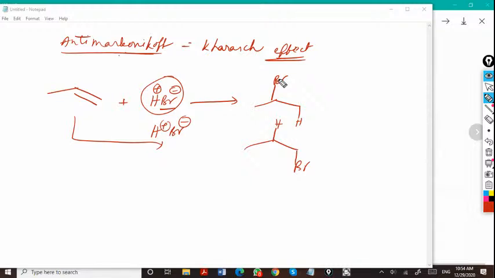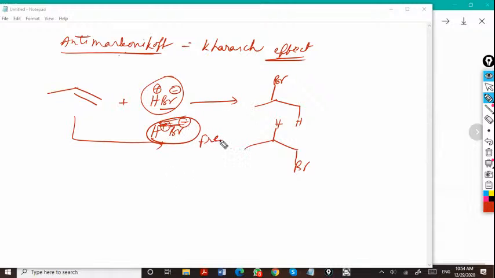If it is the anti-Markovnikov rule, it is about free radicals instead of ion formation.